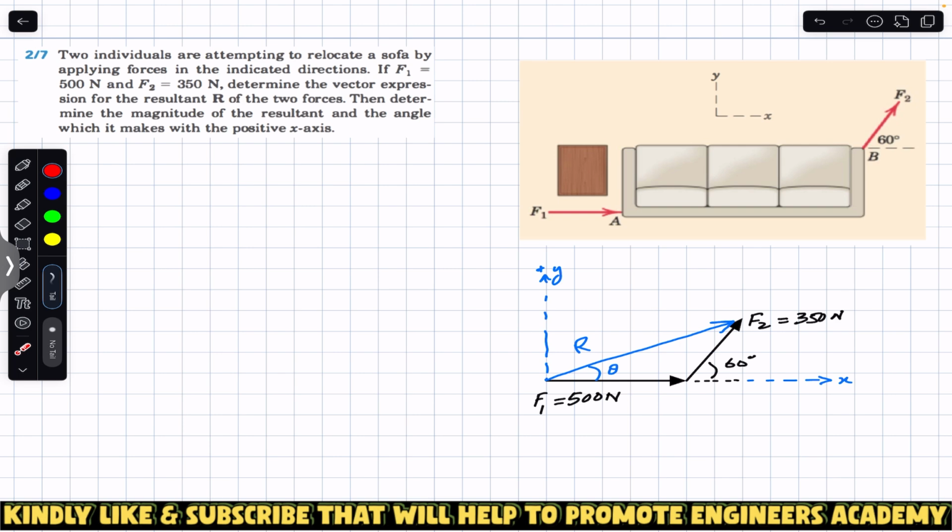So we have to write the vector expression of the resultant. So we have to write R vector as Rx i plus Ry j.